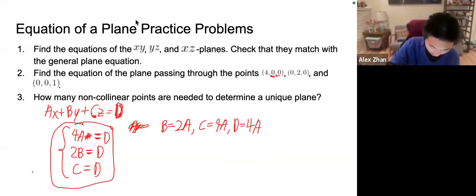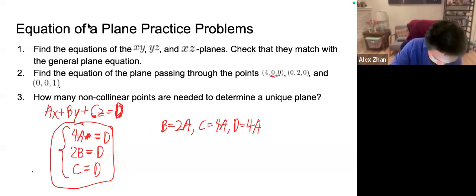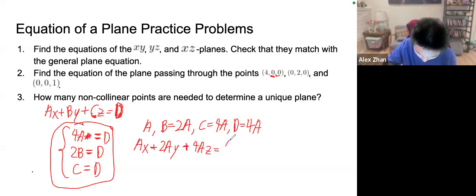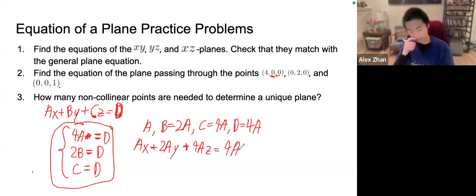And a is just a itself. So in other words, the equation of the plane is now ax plus 2a times y plus 4a times z is equal to 4a.